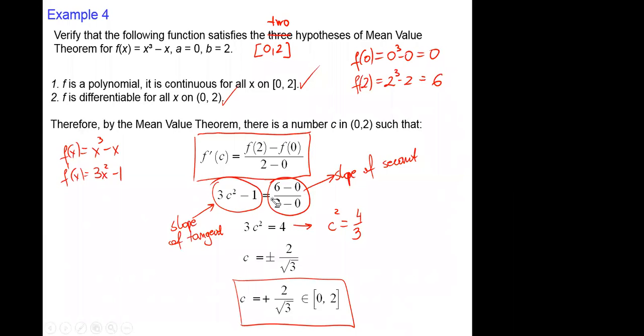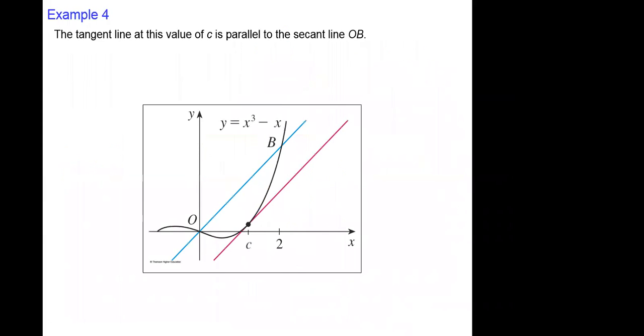And I think I have a graph for you. Oh, and we can see this is 2 over square root of 3. That's the function. This is 0 and 6. Yeah, because it's 3. Okay, those are the values.